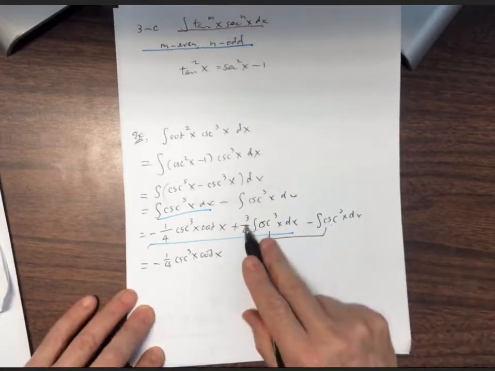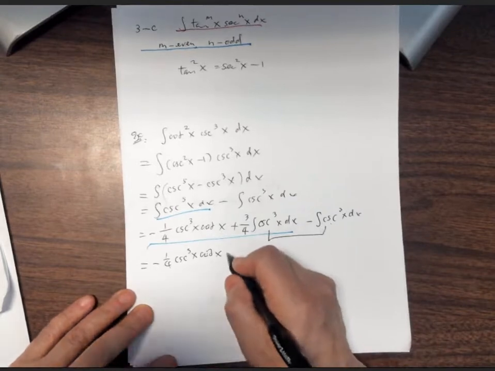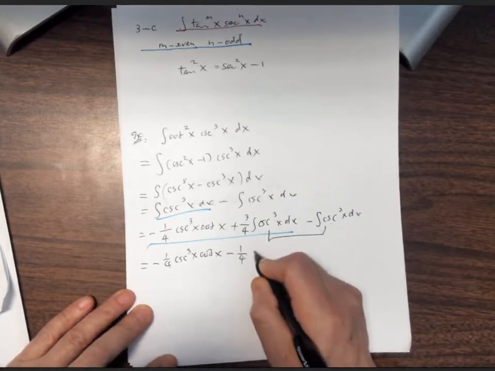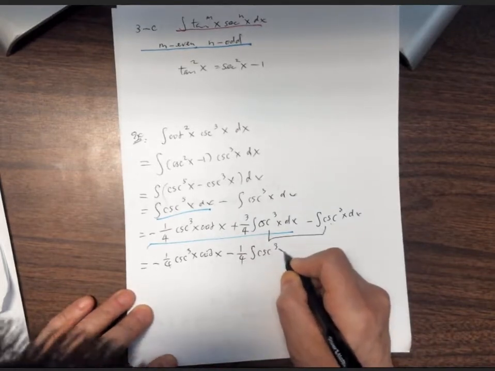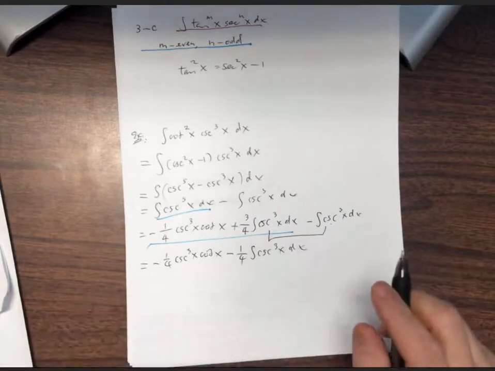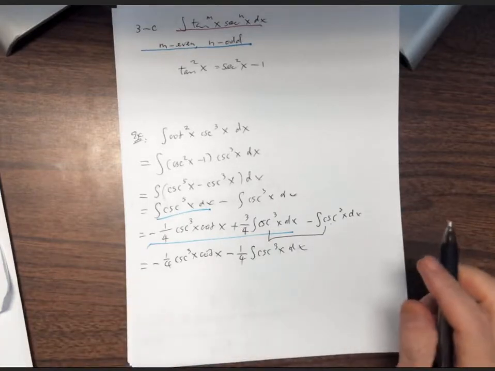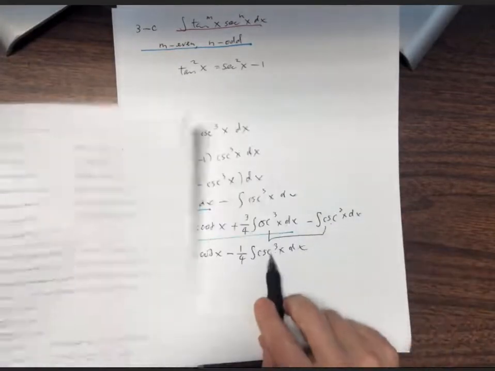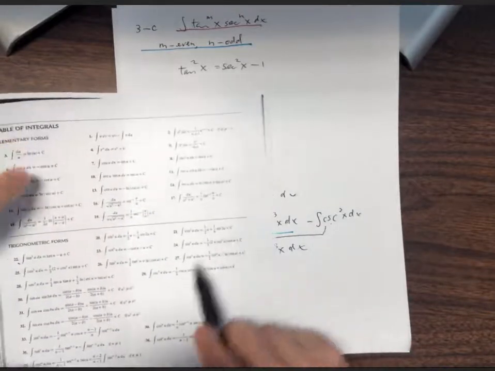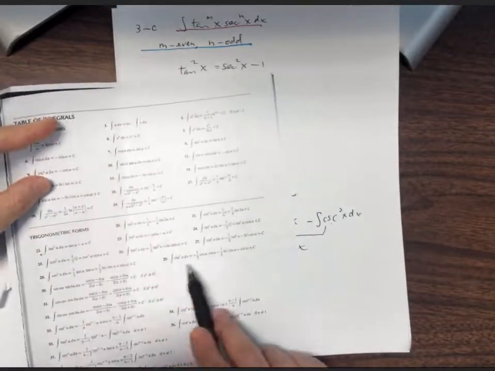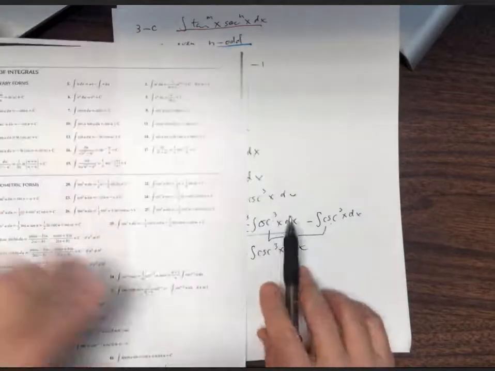Okay, let's see. This is 3/4, minus 1, so the combined coefficient is minus 1/4. For this, the third power, expect direct formula. Third power cosecant, here, formula 29.